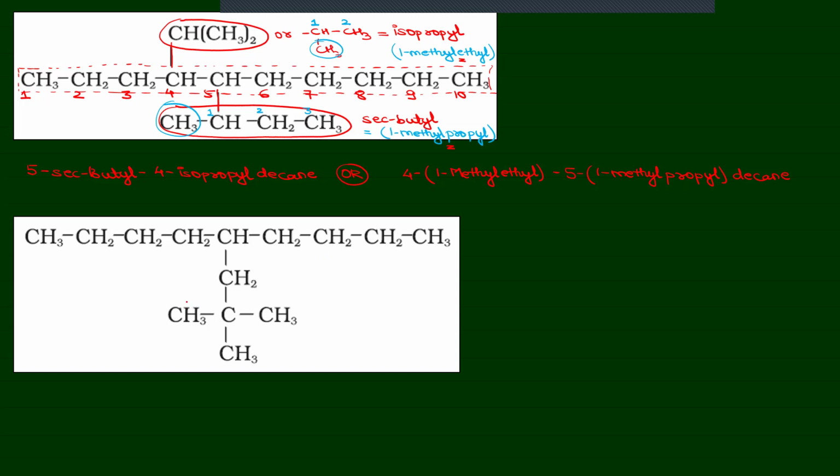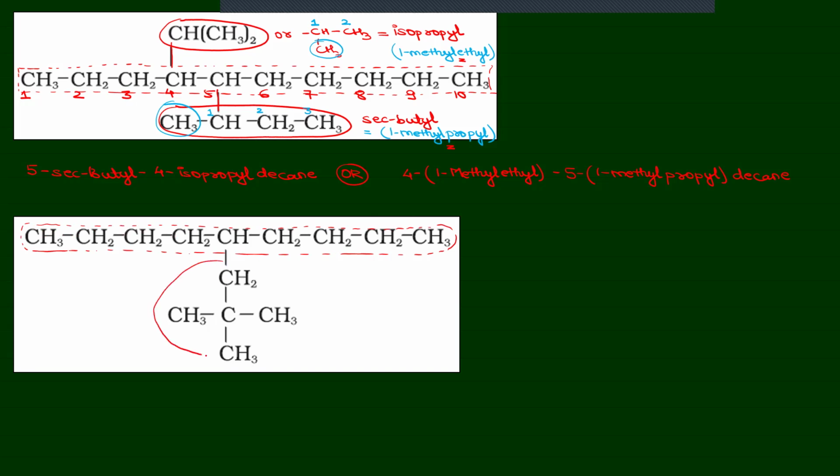Next, the longest chain. Straight. How many? 9. If you select from either side, you are going to get the longest chain of straight carbon atoms, meaning 9 carbons. And how many substituents do you see? 1.